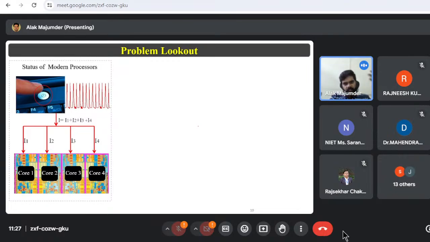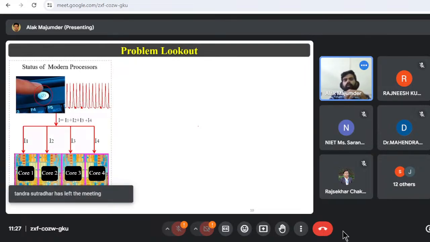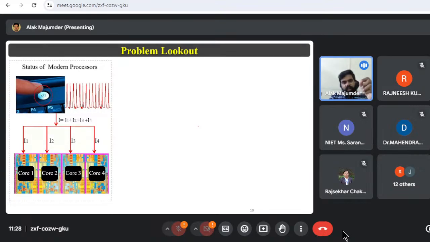If you have 4 cores, which is called a quad core processor, then current starts flowing to all the cores. But our objective in variable frequency is, why, at the instant of turning it on, are you giving current to all the cores?